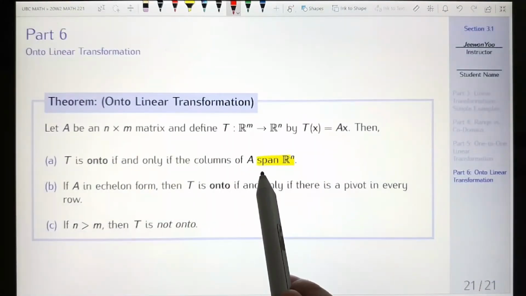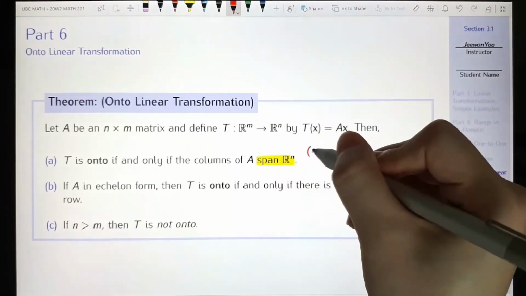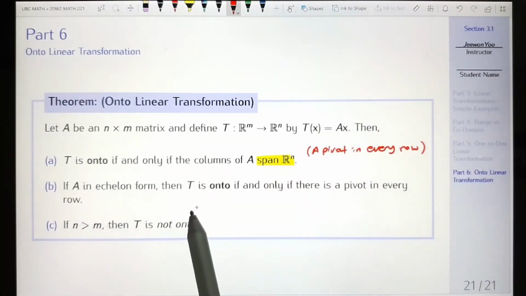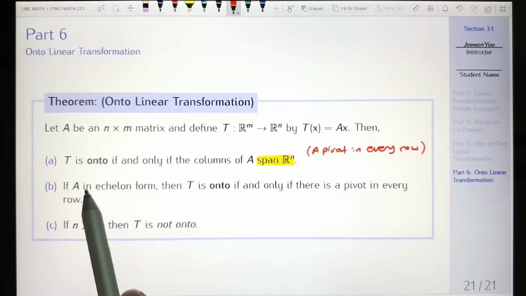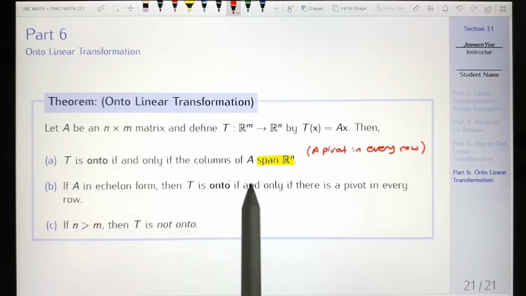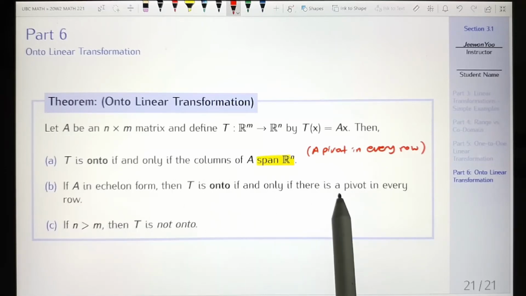In other words, count the number of pivots. And we just mentioned that T is onto if and only if there is a pivot in every row of the echelon form of A.